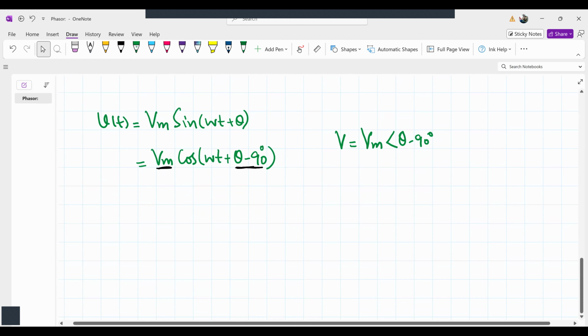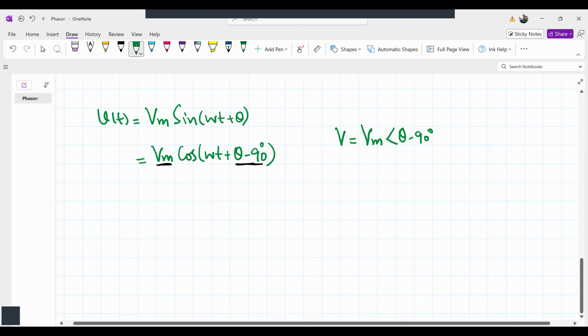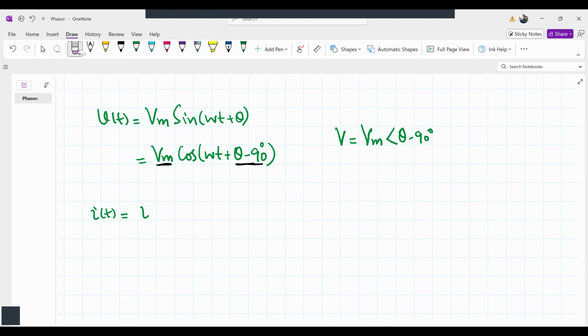Similarly, if the current in time domain is simply given as Im sine(omega t plus theta), we can convert it using trigonometry into Im cosine(omega t plus theta minus 90 degrees).